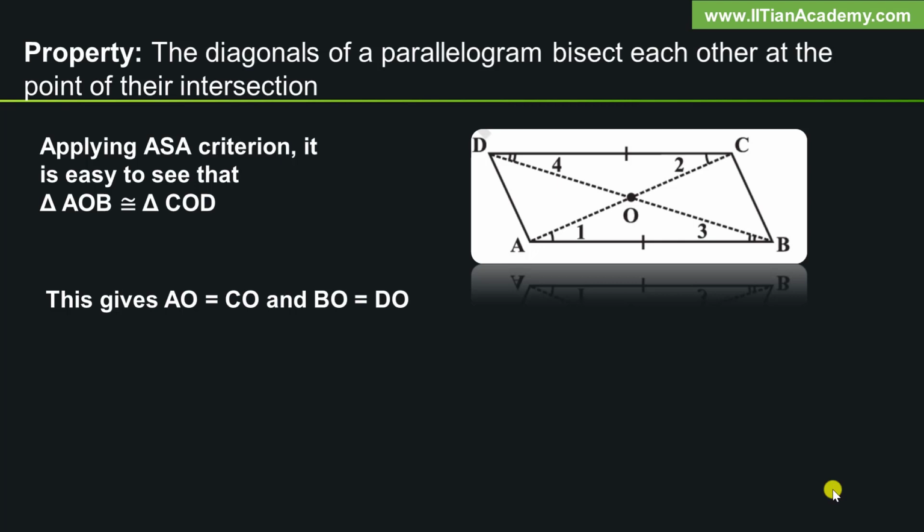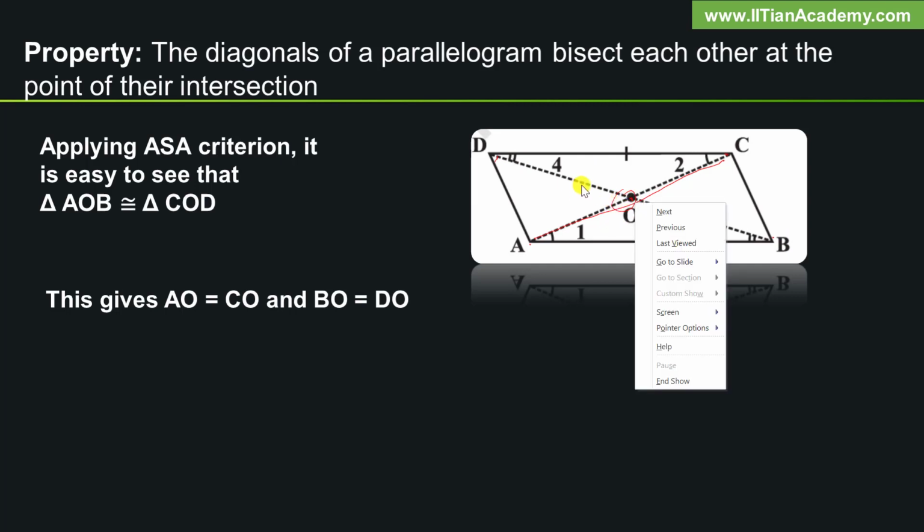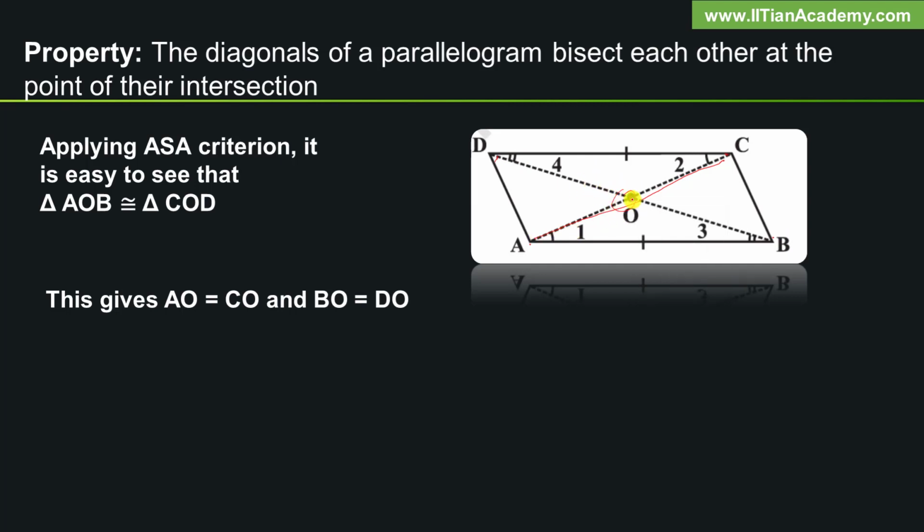Here, we have to prove that the diagonals of a parallelogram bisect each other at the point of their intersection. That means diagonals AC and BD divide each other into equal parts at center O, or AO equals OC and DO equals OB.